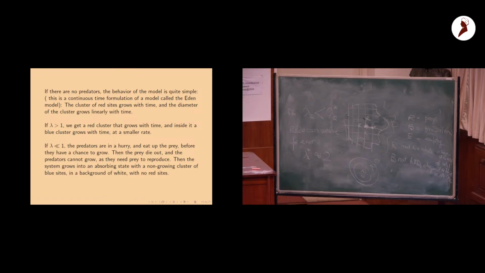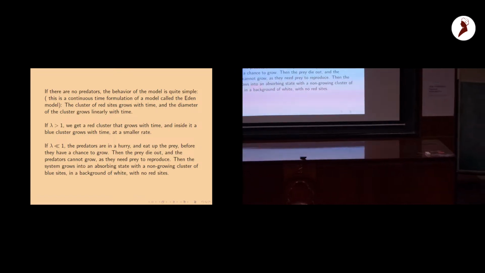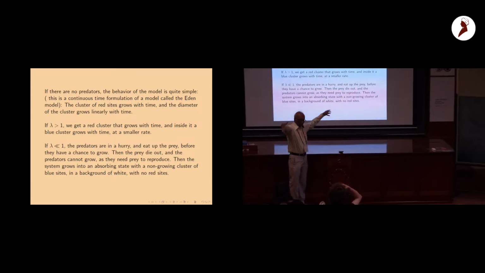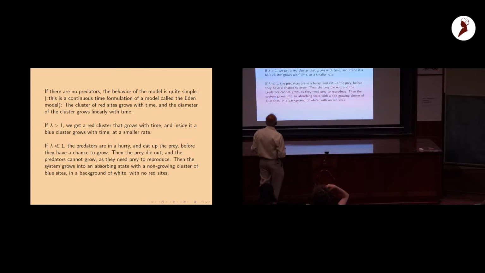it says if there are no predators, the behavior of the model is quite simple. This is the continuous time Eden model. The cluster of red sites grows with time, and the diameter of the cluster grows linearly with time. He already said this. If lambda is bigger than 1, my lambdas have got flipped in the write-up and what I said before.